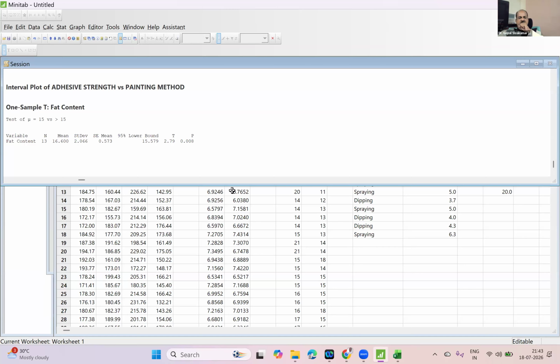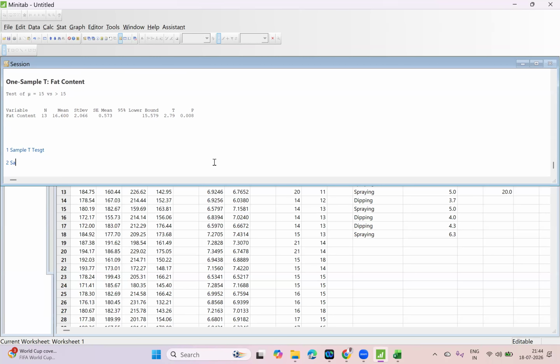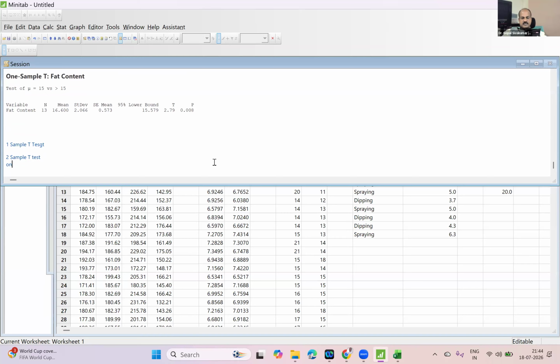So this is known as one sample t-test. So what are the tests we did? We discussed one sample t-test, two sample t-test, then one-way ANOVA. So the one common thing we noticed is all of them come under the family of hypothesis tests known as test of averages.